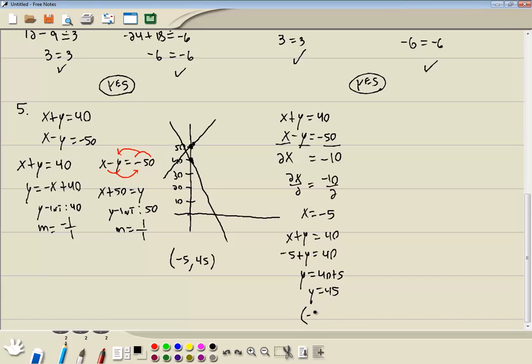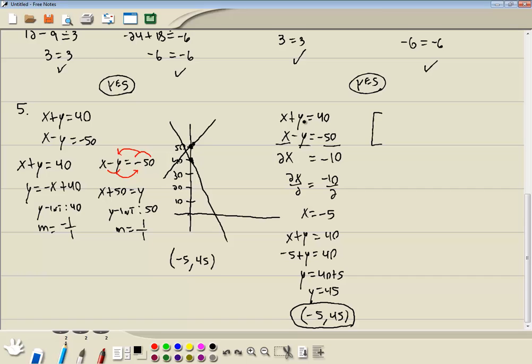So we end up with negative 5, 45. Guess I should have finished the problem before I ran my mouth. That method actually was halfway decent. Now, this didn't actually look like 45 to me. It looked more like 46, 47. But I figured that my graphing was poor, so I figured I'd adjust it accordingly.